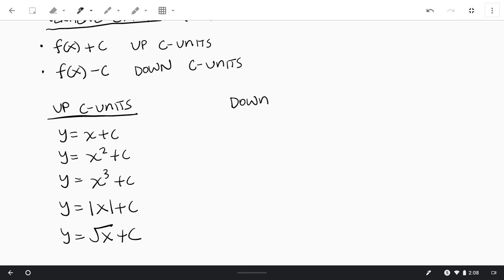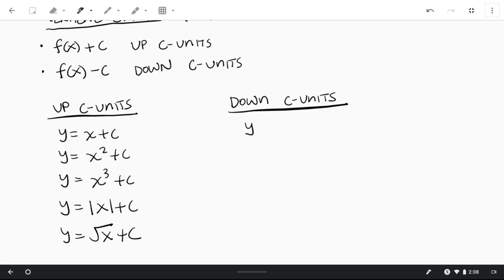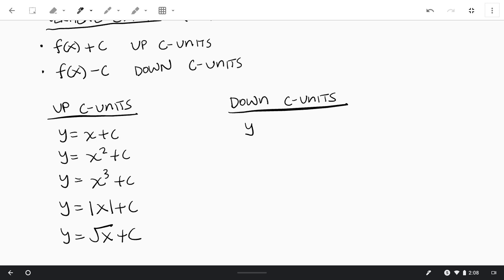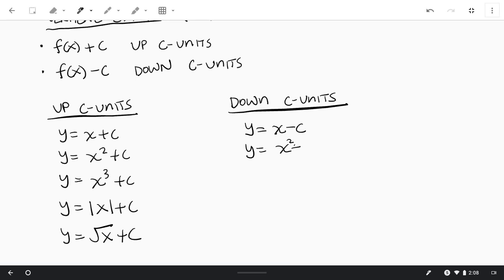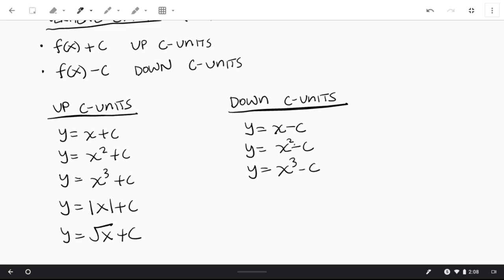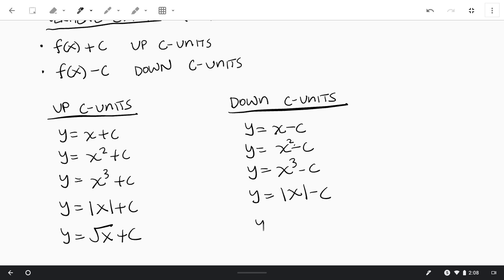If we take a look at subtracting c units, so x minus c, or x squared minus c, x cubed minus c, absolute value minus c, square root of x minus c, all of these would take those parent graphs and shift them down c units.